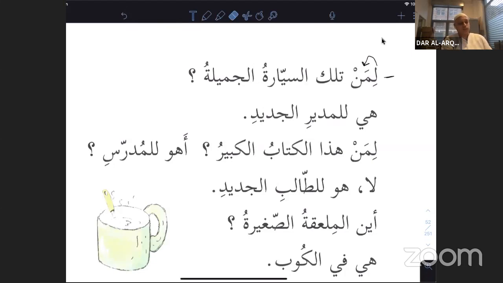So that's why you won't see tilki; even though you don't ever have tilki, it's always tilka no matter what. That's why man is now majroor. Okay. So the sentence is liman tilka sayyaratul jamila. So someone translate this for me. لمن تلك السيارة الجميلة.